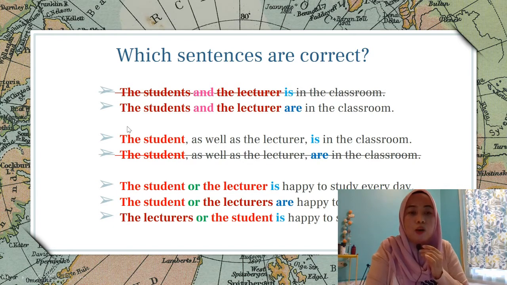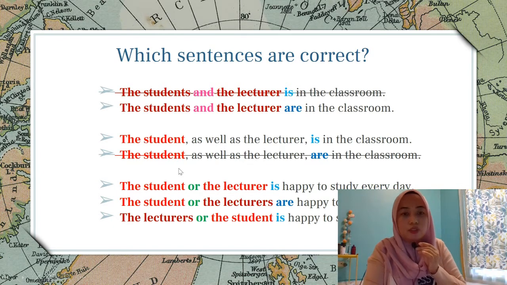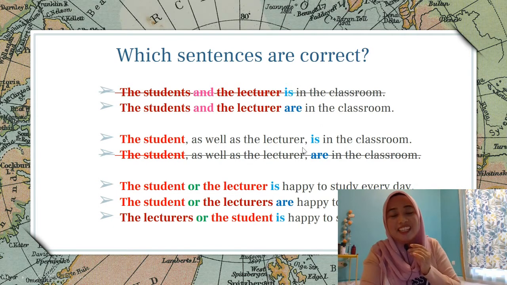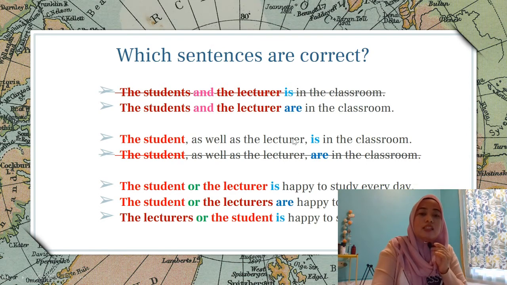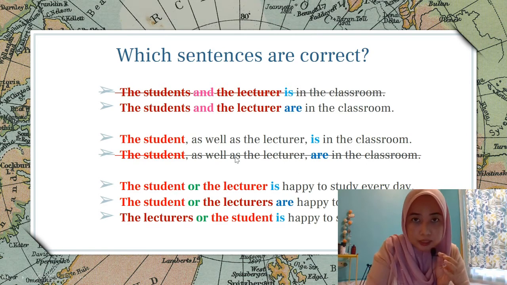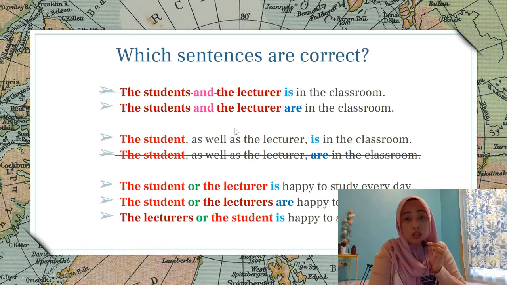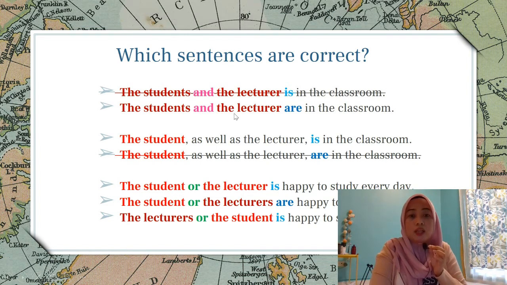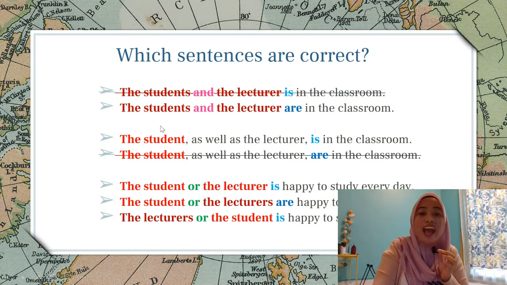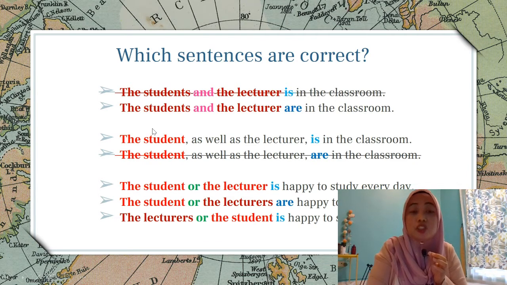Now what about the second one? The second one is obviously is. If you have a string of words in the middle, between your subject and your verb, the verb has to follow the actual subject itself, which is the student.